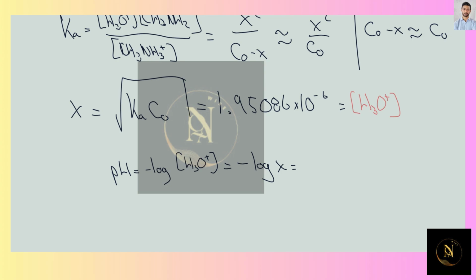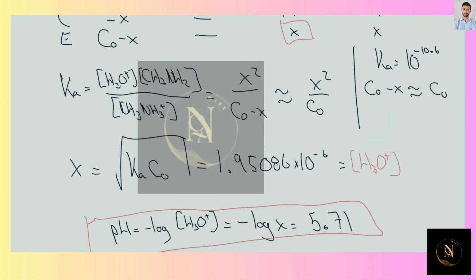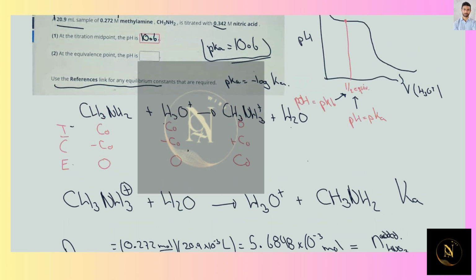So our answer is 5.71. And this is going to be our pH at the equivalence point. If you want, we can round it as 5.7 directly.